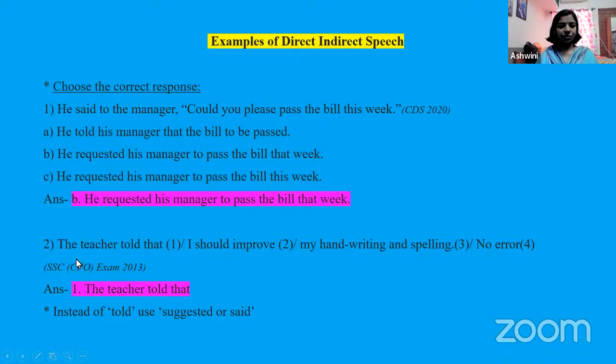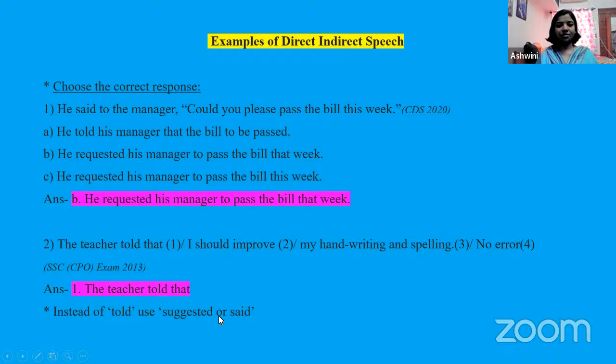And now number 2, the teacher told that. Second example: the teacher told that I should improve my handwriting and spelling, no error. 1, 2, 3, 4, we have to choose one of them. This question was asked in the SSC CPO examination in 2013. Find the error, okay? The teacher told that. What is that?